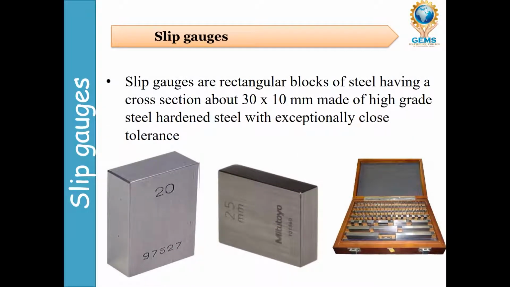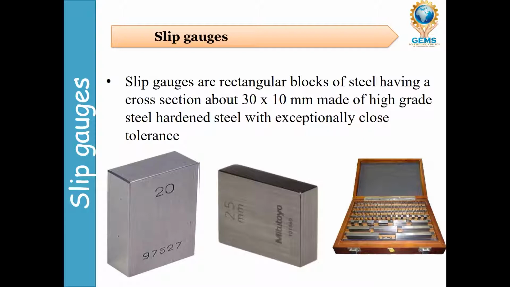Slip gauges. This is an important topic in metrology, because these slip gauges are also available in our laboratory. Slip gauges are rectangular blocks of steel having a cross section of about 30 into 10 mm, made of high grade hardened steel with exceptionally close tolerance.